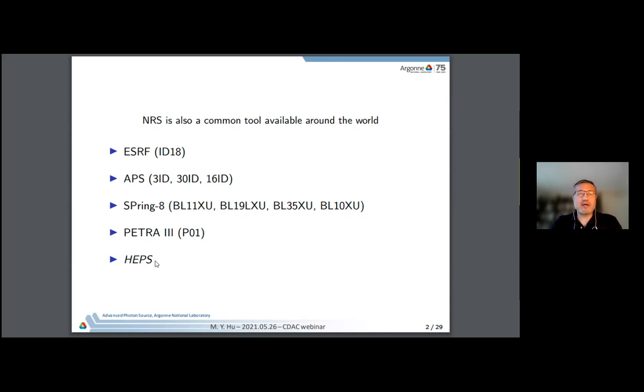SPring-8 and Petra say they are going to keep the timing mode as well, and the Beijing source has that timing mode in mind too. Talking about the APS upgrade, you probably already know that they just announced the start period for the upgrade. It will start in 2 years, in April 2023, which leaves us with 6 full runs. So plan your research accordingly.